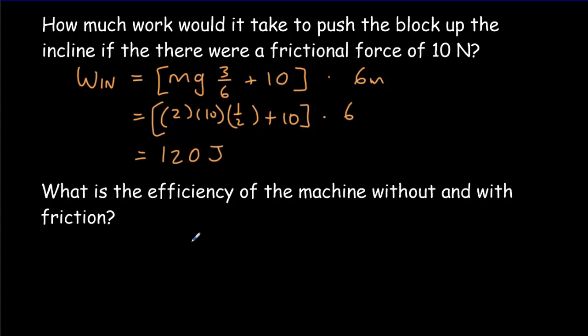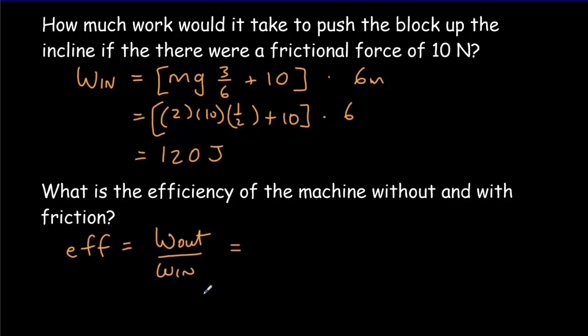In other words, since the frictional force was equal to the component of weight along the incline, we doubled the force that we had to use, and it took twice as much work. So what's our efficiency now? That should be the output work divided by the input work. And the output work doesn't change.